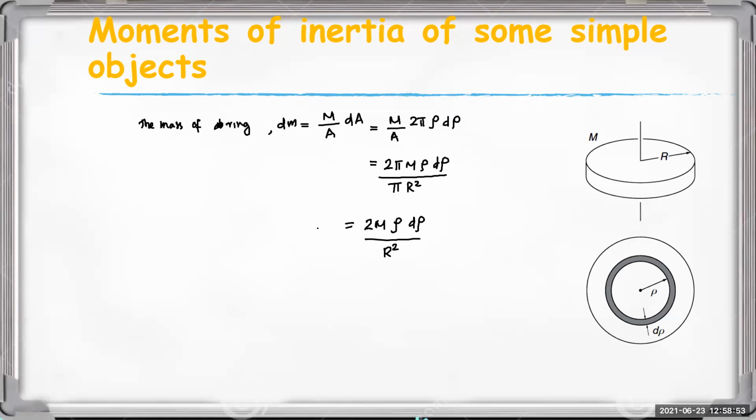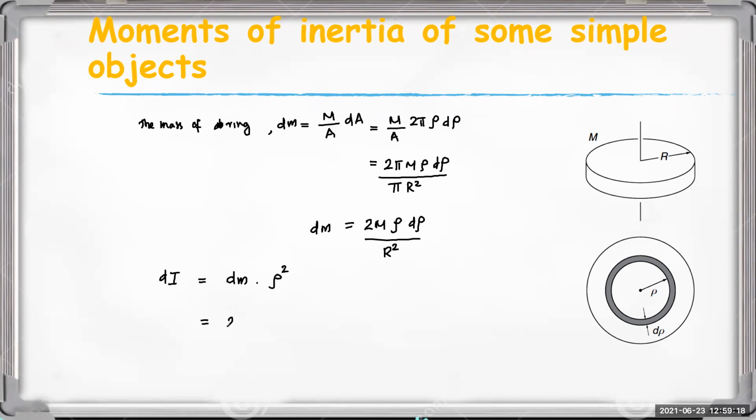This is the mass of the ring, and di is the mass of the ring, dm, into rho square, the perpendicular distance.